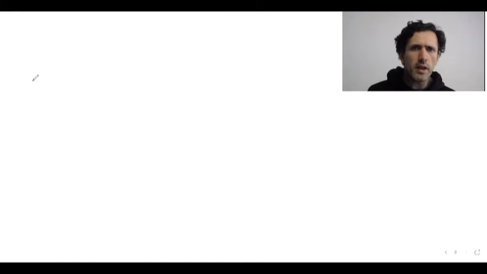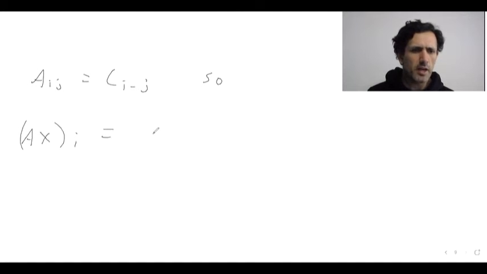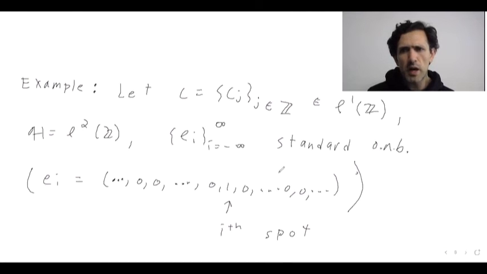Okay, let's say A_ij is c_{i-j}. So by definition, A x_i is going to be, here I'm actually writing this as an element in little l2, which is really the same thing as just writing out the ith component of Ax with respect to the standard orthonormal basis for little l2.